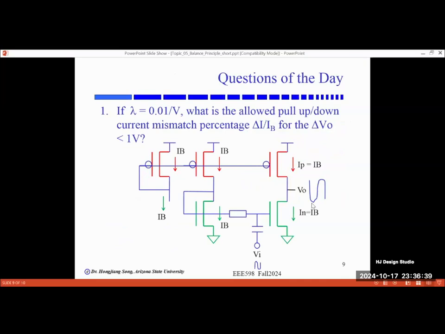So now at the end of the lecture, let's look at the question of the day. If we're given the output impedance, the channel length modulation effect lambda, what is the load pull-up pull-down current mismatch if we want to ensure the DC voltage bias of the output is within 1 volt?